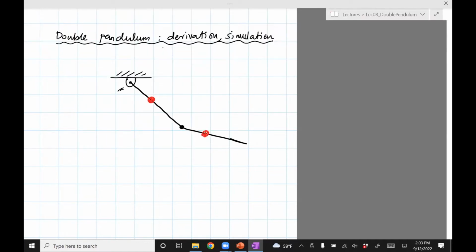And let's say that this is at a distance C1 from the top pin joint and C2 from the second pin joint. Okay, and both these are going to be of length L, which, by the way, is just to simplify the equations, but it doesn't have to be. Symbolic toolbox will take care of this even if you have different lengths.